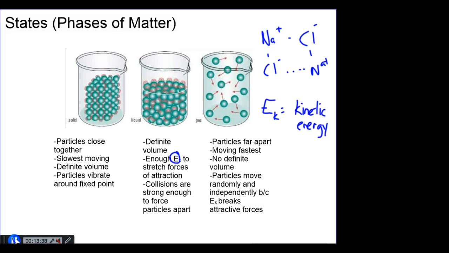Once I step off of this and start moving, I have kinetic energy. Kinetic means something is moving me. So, kinetic energy is energy due to motion.